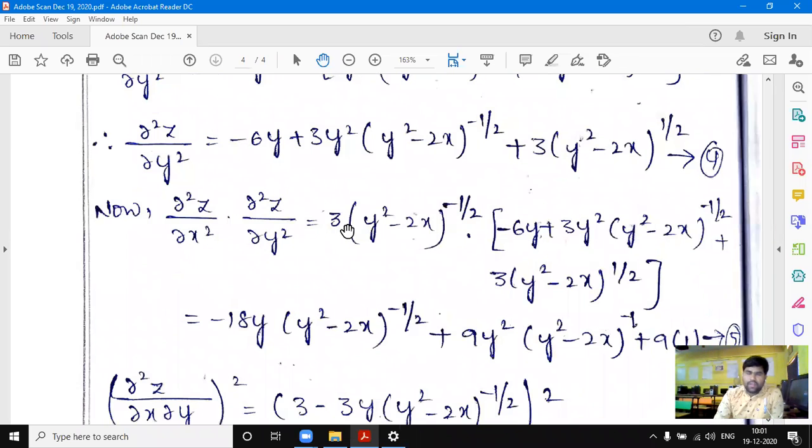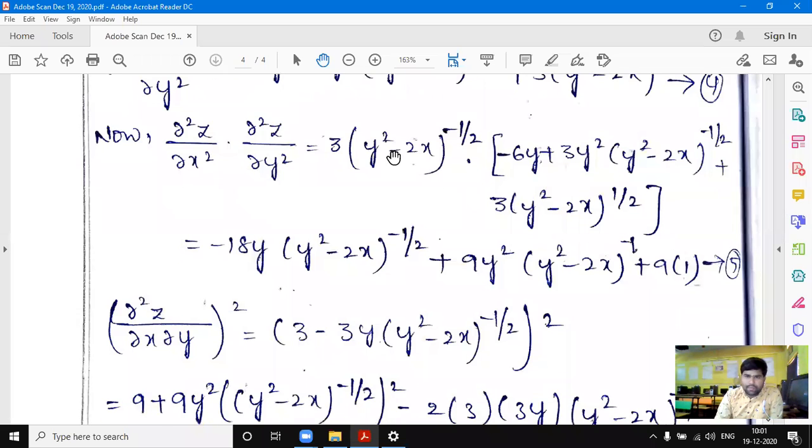So that is 3 into (y² − 2x) whole to the power of −1/2 into ∂²z/∂y², that is this one. So that is −6y plus 3y² into (y² − 2x) whole to the power of −1/2 plus 3 into (y² − 2x) whole to the power of 1/2.